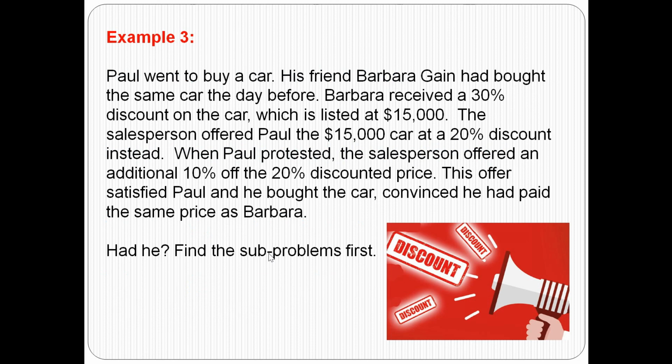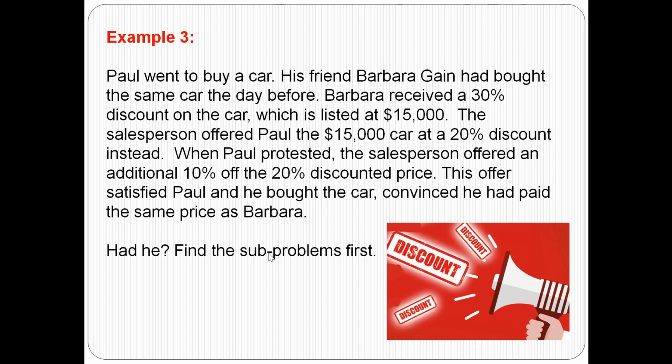Example 3. Paul went to buy a car. His friend Barbara Gain had bought the same car the day before. Barbara received a 30% discount on the car, which is listed at $15,000. The salesperson offered Paul the $15,000 car at 20% discount instead.